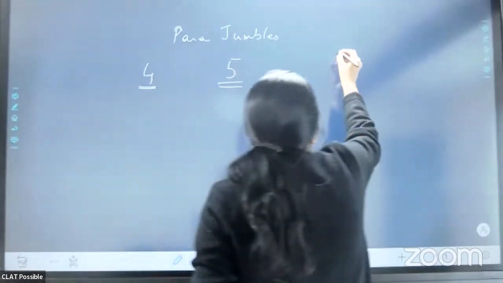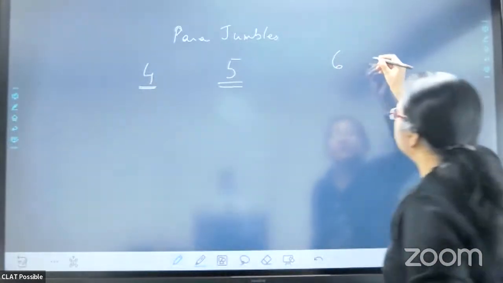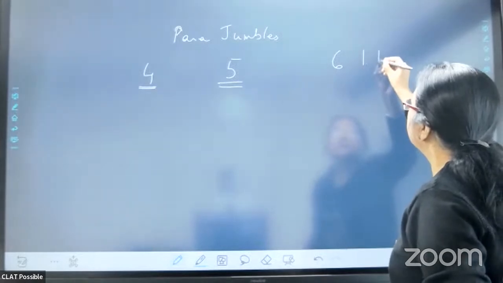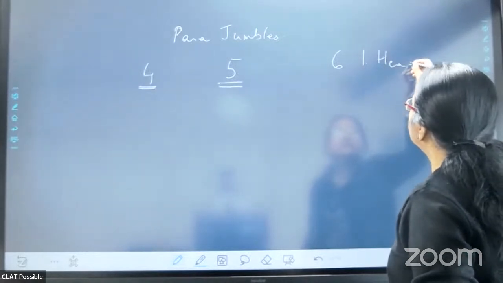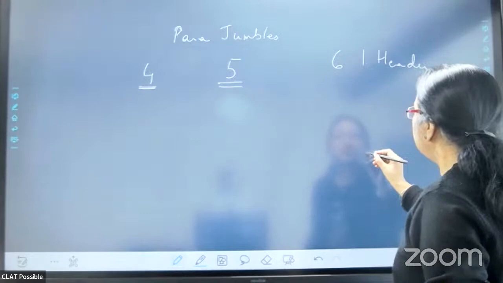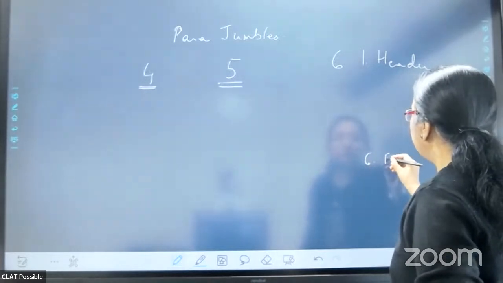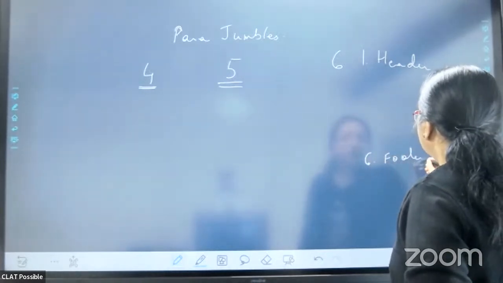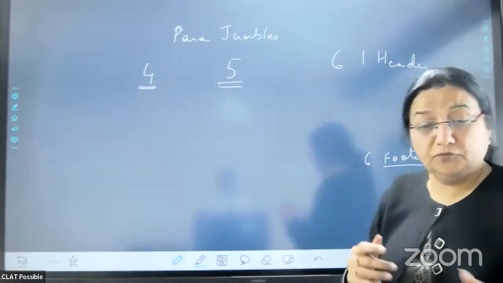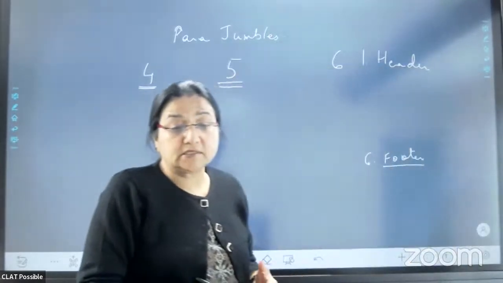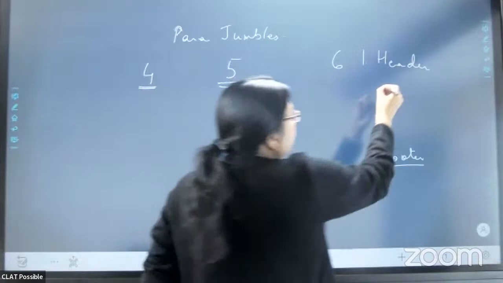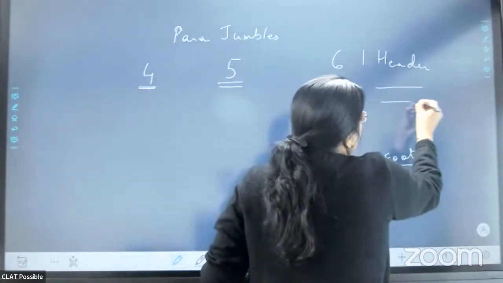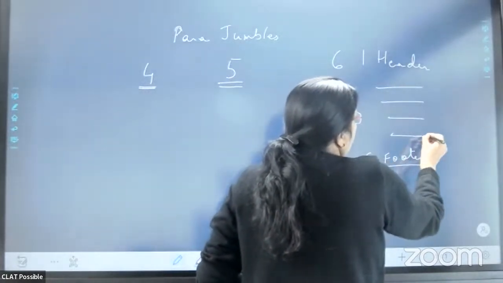And there is a 6-line pattern also. In this pattern, you have the first line, which I'm calling as the header. That is, the opening statement is given. And your bottom statement, what I'm saying as the footer. Your header and the footer of the question is fixed. And in between, you have 4 lines that are lying jumbled.